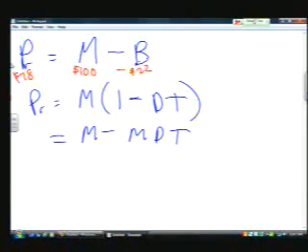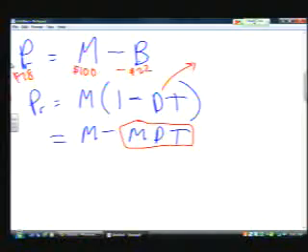So what in the world is this? Well, this is that discount rate, so that was that 22%. So all of this part right in here, this M times D times T, is actually the interest that you're going to be charged, isn't it?